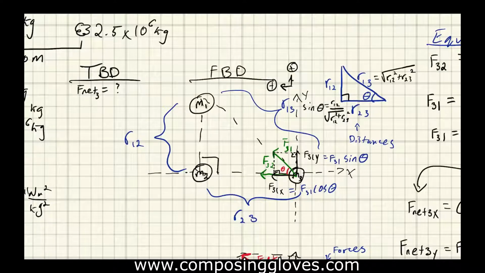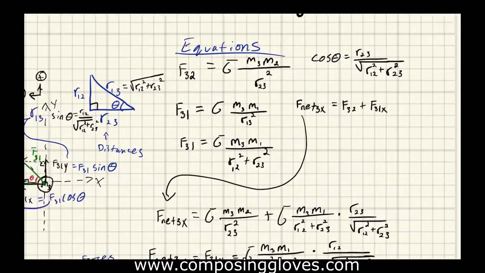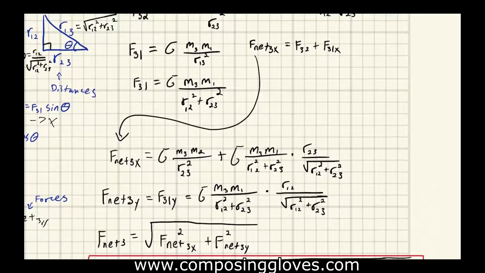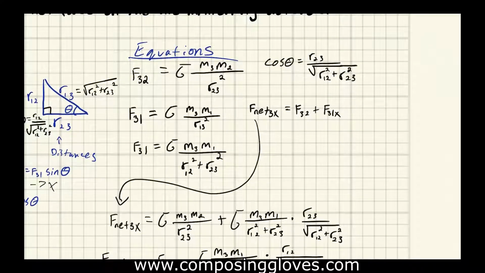We can't write R13 because it's not in our given column, so we have to write this square root. Now we can plug this in whenever we need cosine theta, which is really handy.